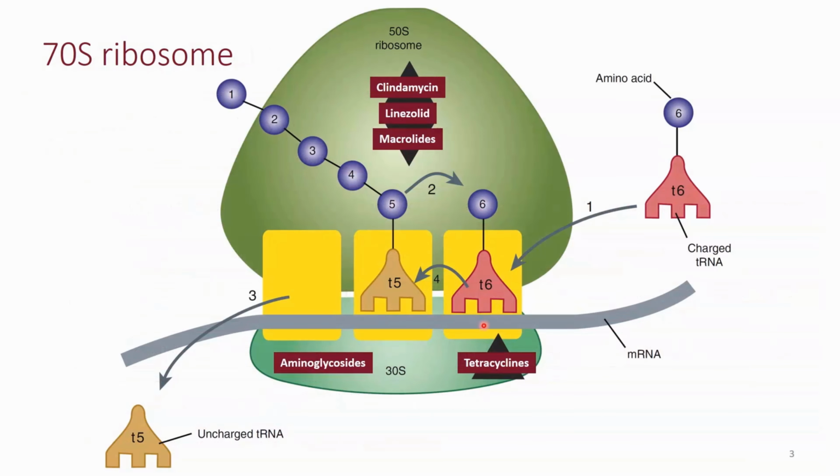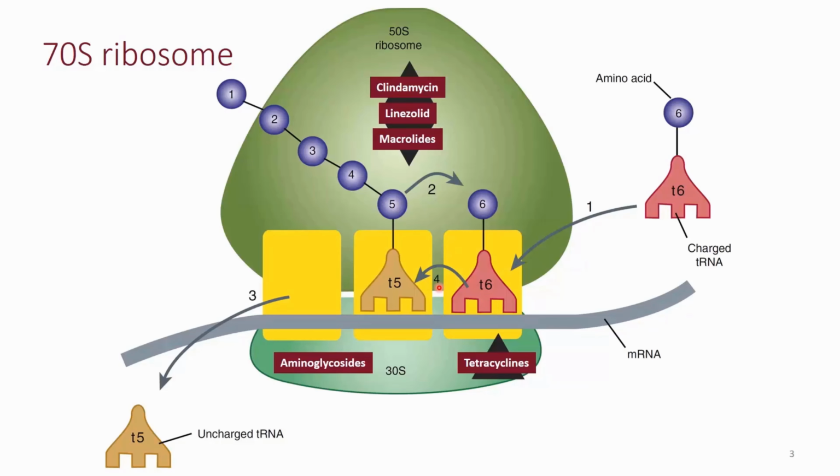In this picture, we're looking at the bacterial 70S ribosome, which consists of the 50S subunit and the 30S subunit. The 50S subunit and the 30S subunit will come together around the mRNA, or messenger RNA, in the bacteria, and tRNAs will carry an amino acid and bring it to the ribosome in order to start the translation process.